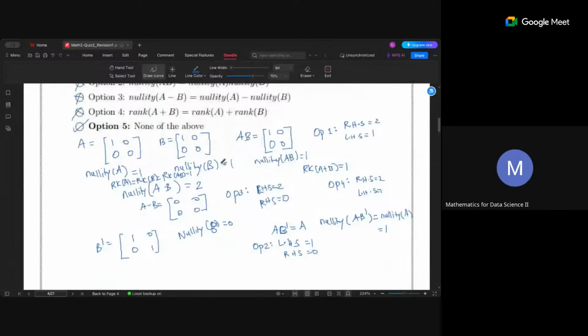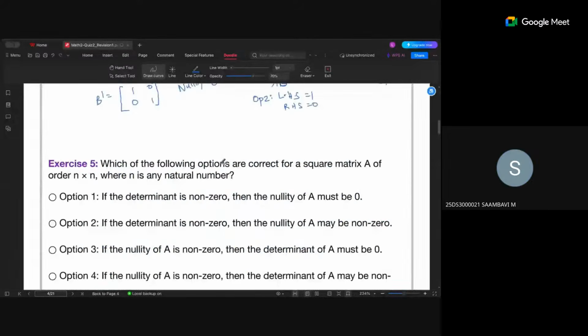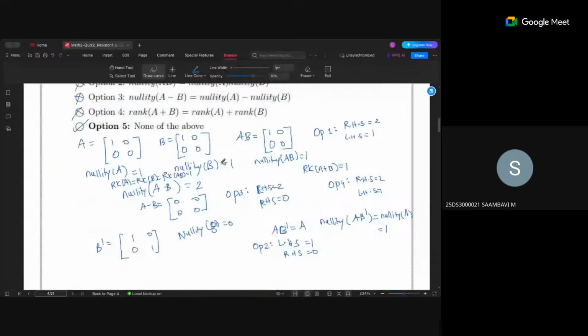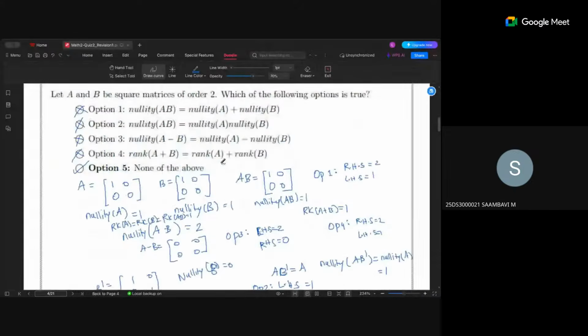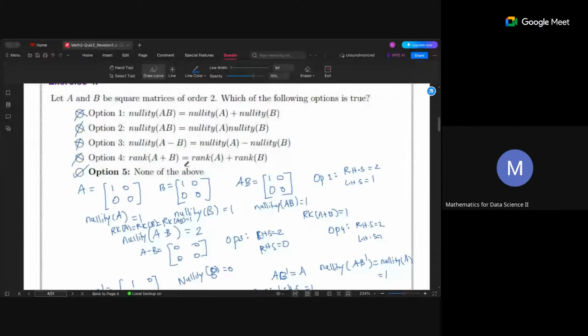Excuse me, ma'am. These four options, are they true only for order 2 matrices, or are they not true for any matrices? Not true, only for order 2... Okay, for any matrix. See, even for 2 cross 2 it is not true.